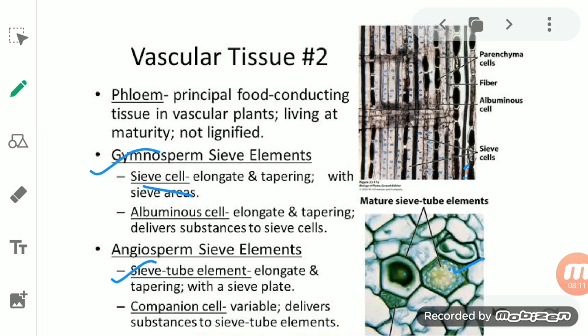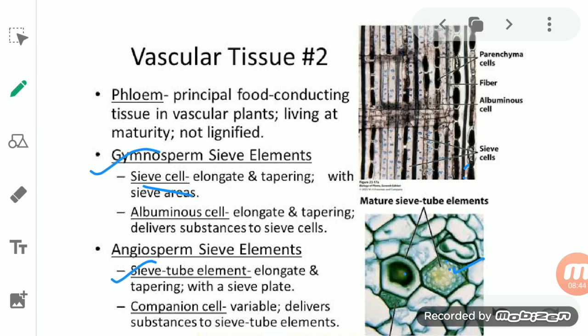So the perforation plate is there. Perforation means opening. Don't get confused with the perforation. It means the opening which is present in the plates at the end of the phloem cells. When we talk about the sieve tube, it is a tube-like structure which at the end has a perforated plate, and that perforation occurs all over the cell.